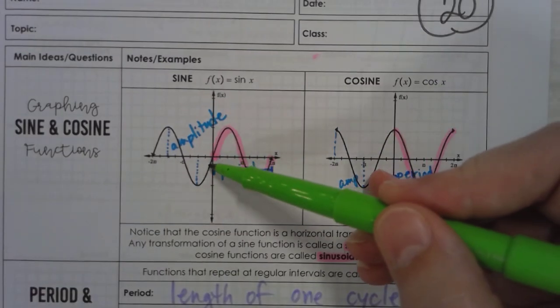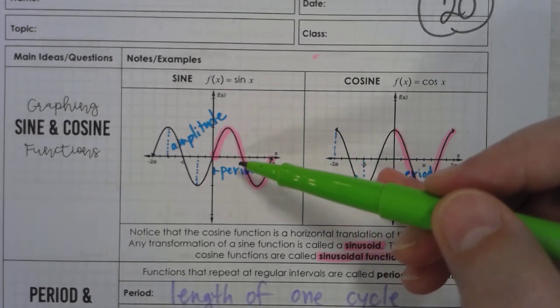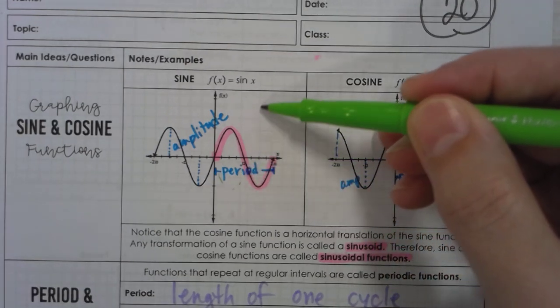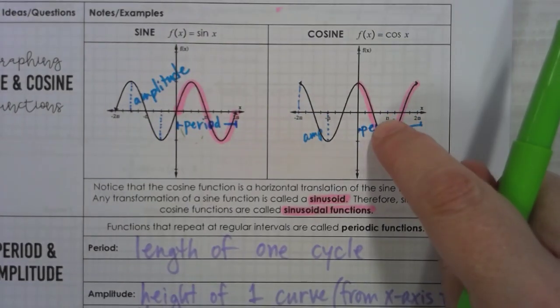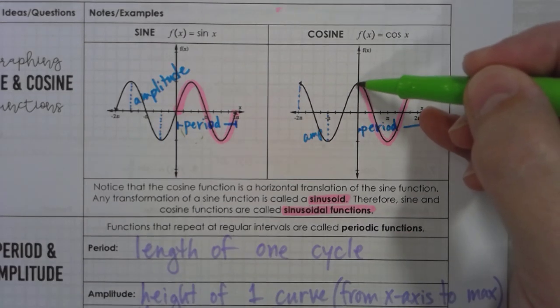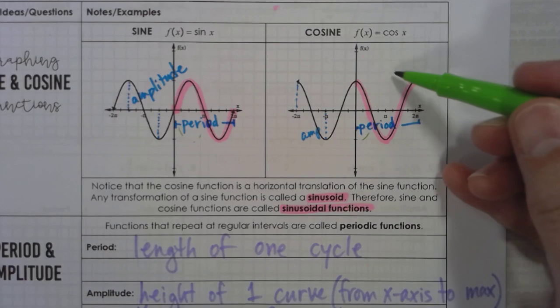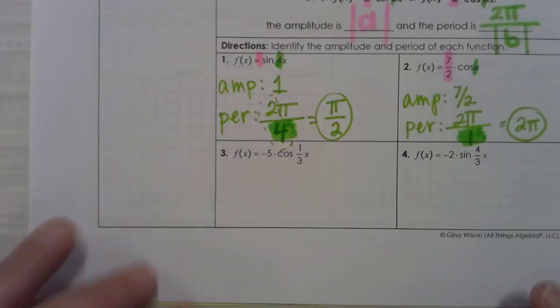So if this was my sine function, this is a positive sine function. If there was a negative in front, instead of going up first, it's going to go down first, and then it's going to go up later. And if this was negative on my cosine function, instead of starting up here at a positive value, it's going to start down here at a negative value, and then it's going to go up and come back down. That's the only thing that the negative does in our equation.